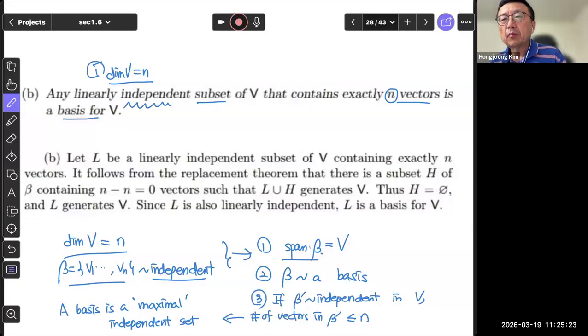If you have more than n vectors, then the set will be linearly dependent.